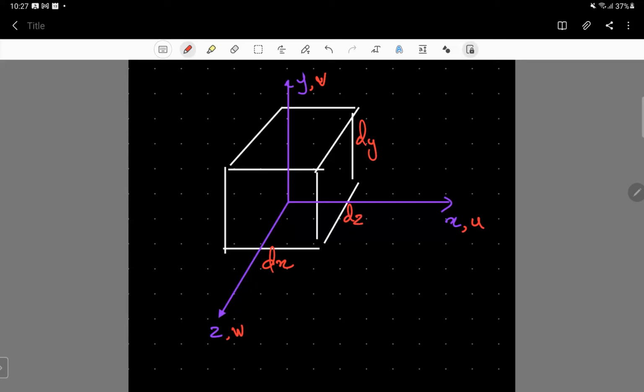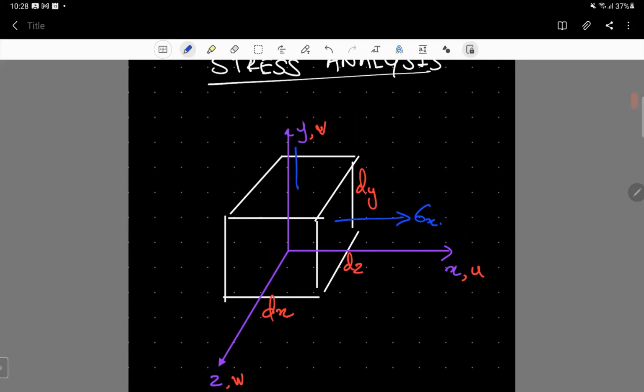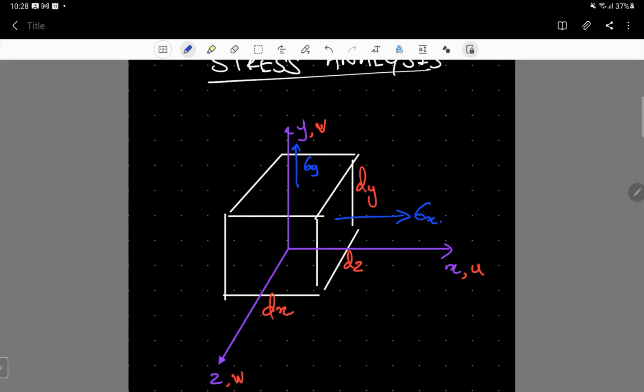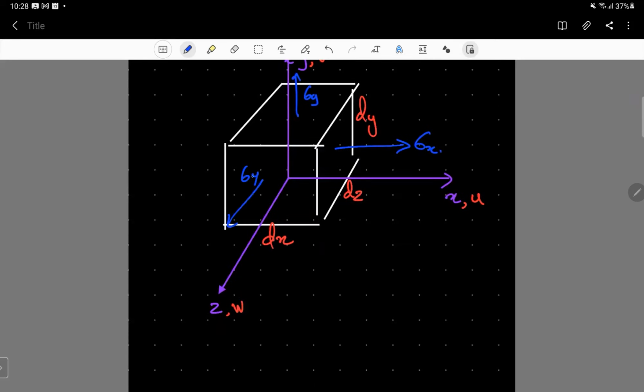The stresses applied on each face are of two types: normal stresses and shear stresses. The normal stress acting perpendicular to the plane in the x direction is given by sigma x, perpendicular to the y direction is given by sigma y, and perpendicular to the z direction is given by sigma z.